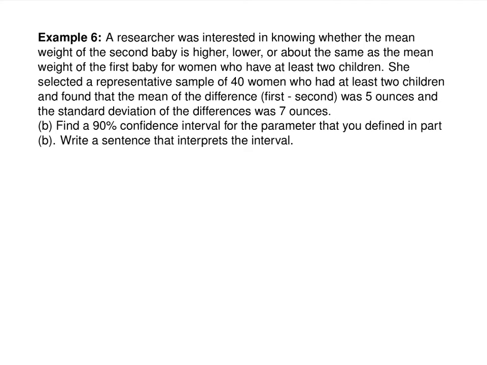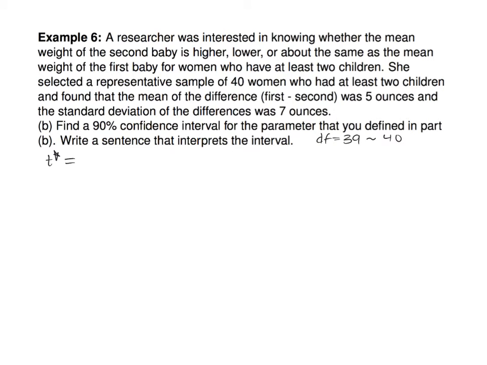Find a 90% confidence interval for the parameter that you just defined in part B, and then write a sentence that interprets this interval. Okay, so first, T star. Well, our n is equal to 40, so the degrees of freedom is 39, and that's not on the table explicitly, so we'll just use that it's about equal to 40.